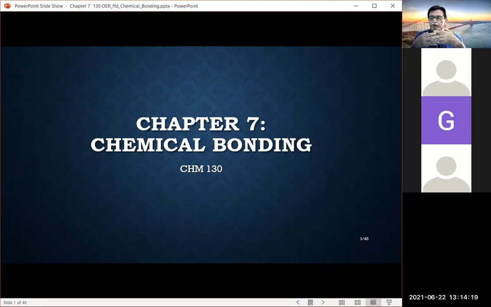Now, the other aspect to remember is that there are three types of these covalent bonds: single, double, and triple. Every bond has two electrons that are shared. They're not separated like the ionic bonds, where you just attract together like magnets. Electrostatic attraction is what it's called. But the covalent bonds are actually shared between the two atoms.